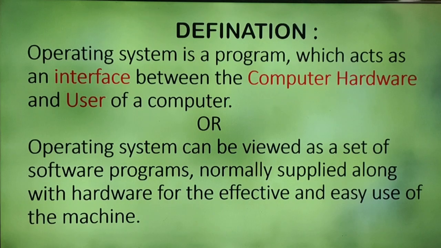Operating system is a program which acts as an interface between the computer hardware and user of a computer, or it can be viewed as a set of software programs normally supplied along with hardware for the effective and easy use of the machine.